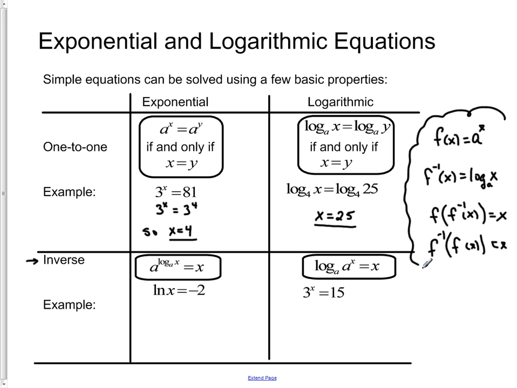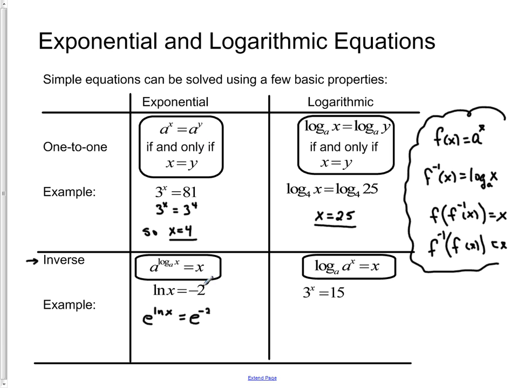So we're using these properties down below here in the following sense. If a raised to the logarithm base a of x is equal to x, we can rewrite this expression: ln x is the same thing as the logarithm base e of x. And so we can exponentiate on both sides. If we were to take the base e and raise it to the exponent ln x, it would be the same as if we took the exponent of -2 with a base e.